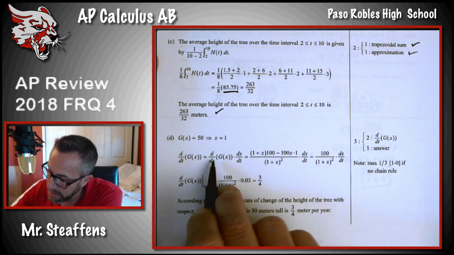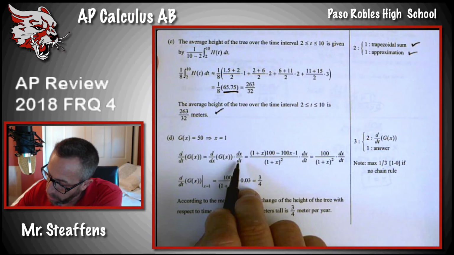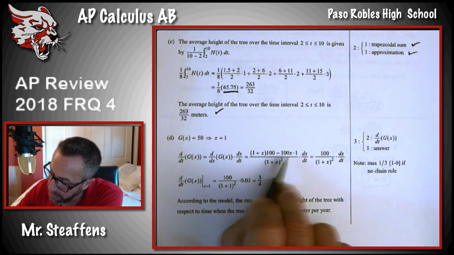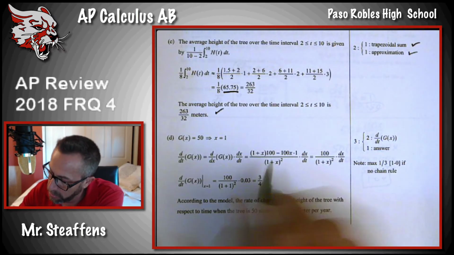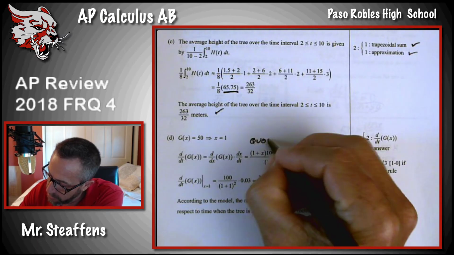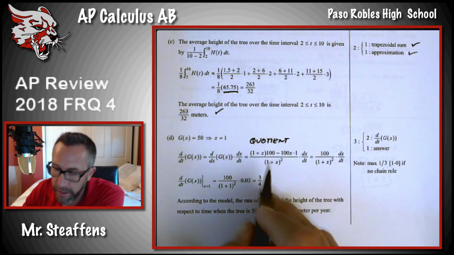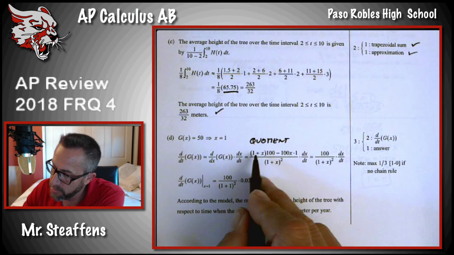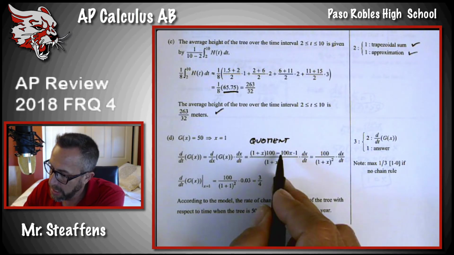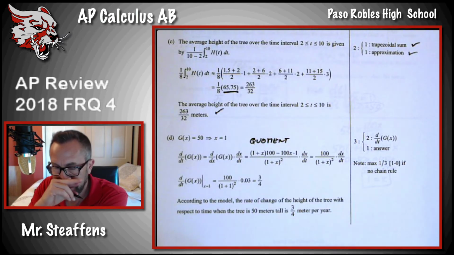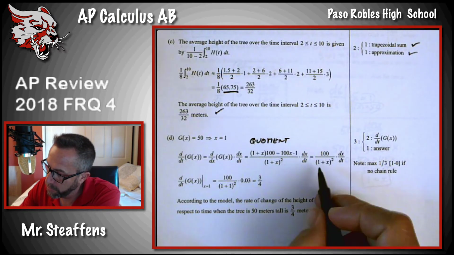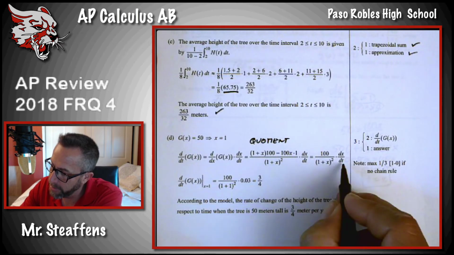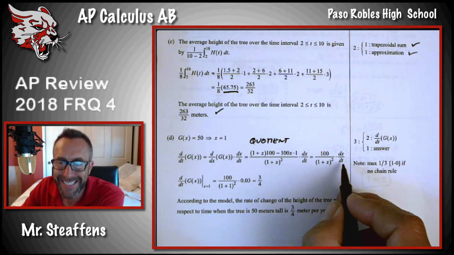So d/dt of this whole thing is going to be ugly. I took the derivative of this whole equation right here. That's going to be the quotient rule: bottom squared, and then bottom times the derivative of top minus top times the derivative of bottom, which gives me a total of 100 over 1 plus x squared. And remember, I did a d/dx, so I have dx/dt.